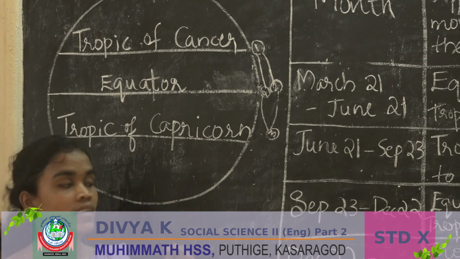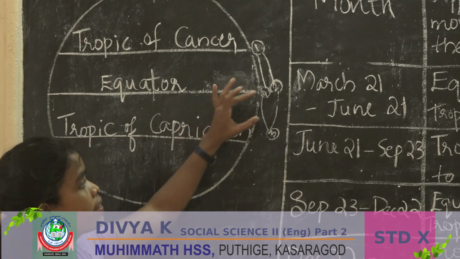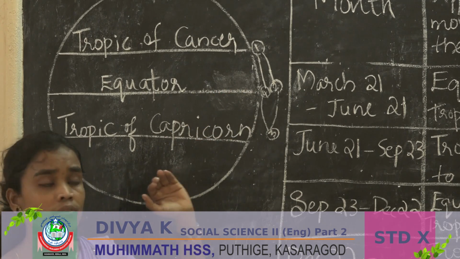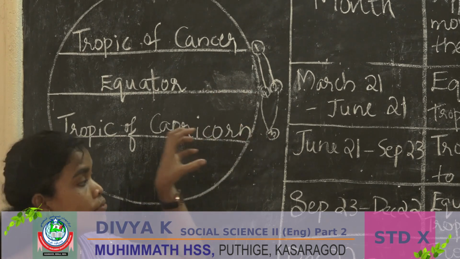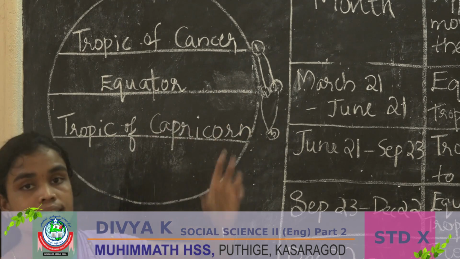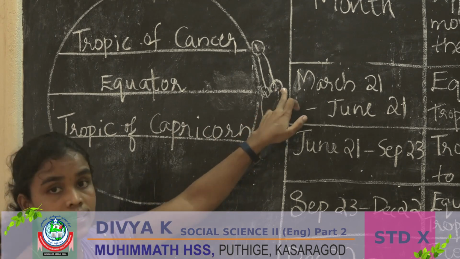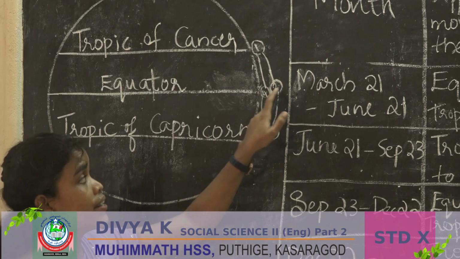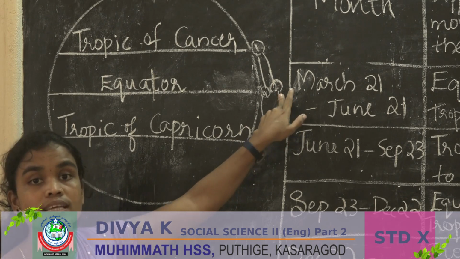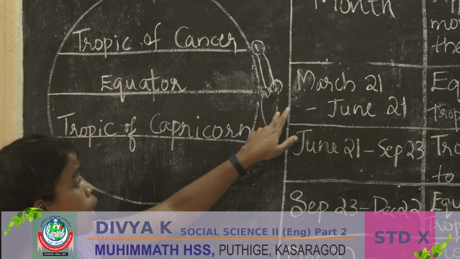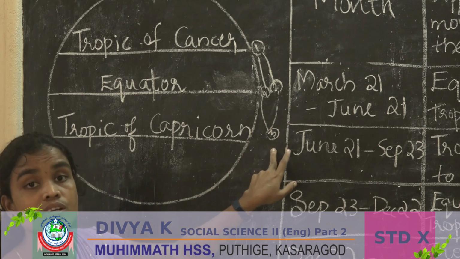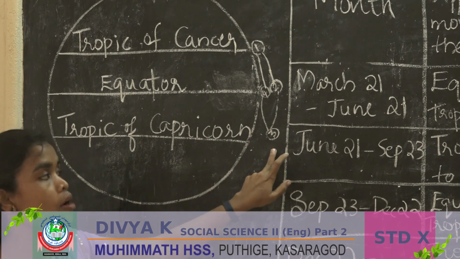Is it clear? Then the next one is the third shift. Third shift, from where to where? From the equator to the Tropic of Capricorn. So let's discuss its dates. We already discussed that on September 23 the position of the sun is at the equator. Gradually it shifts southward and reaches the Tropic of Capricorn.